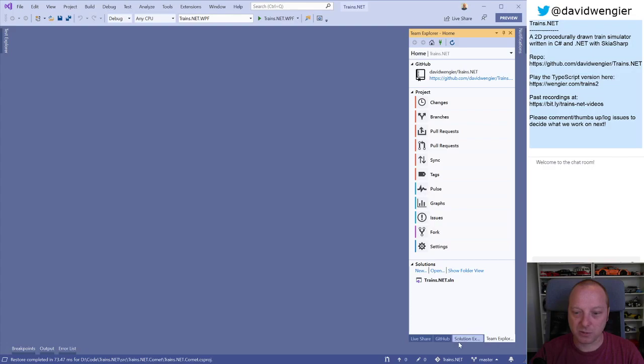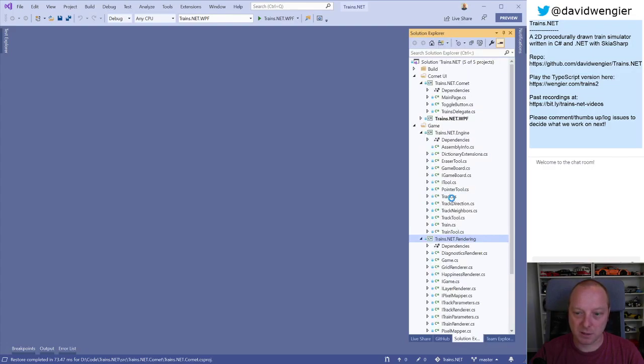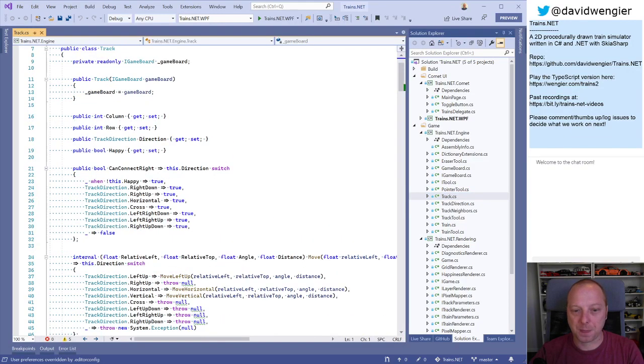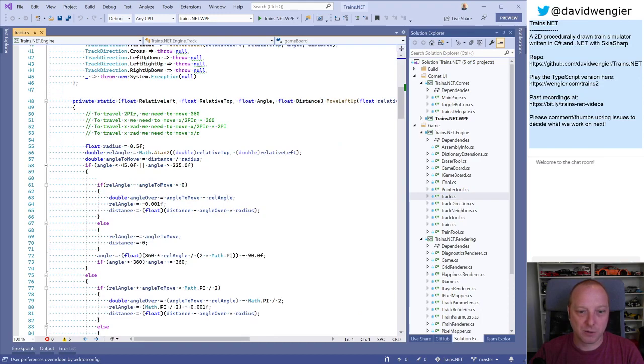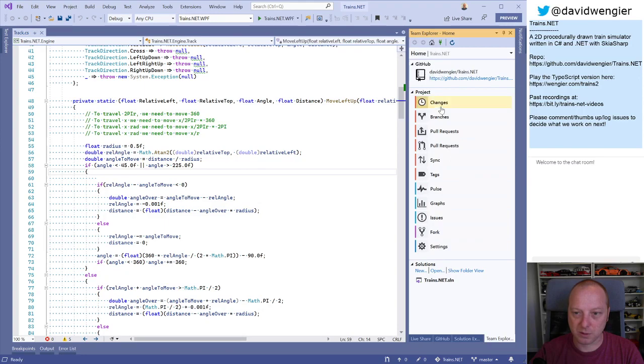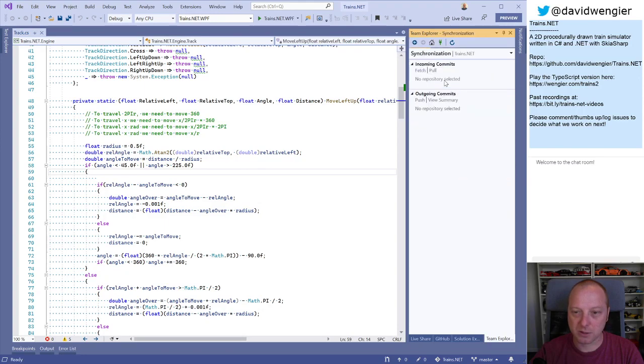I'll see if I can show you what I mean by that with this new code. So if we find our new move left, oh, I need to get the latest changes. That does not look right.